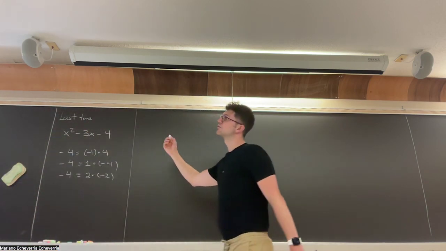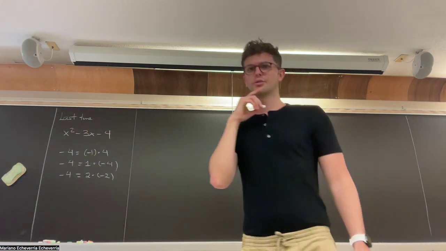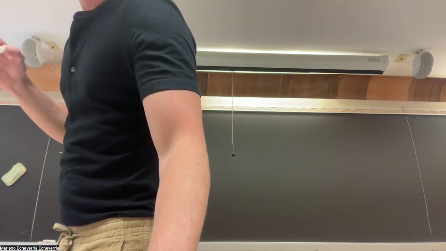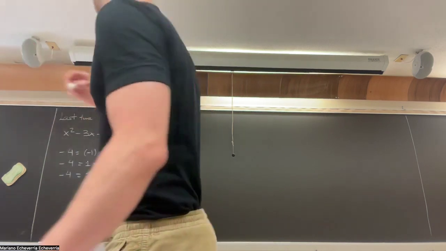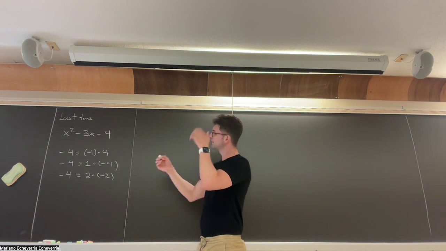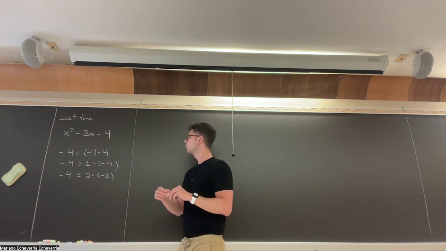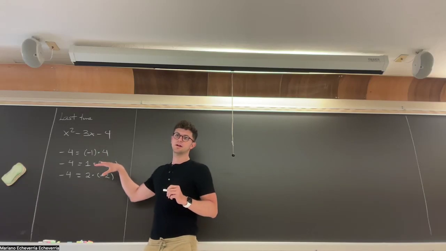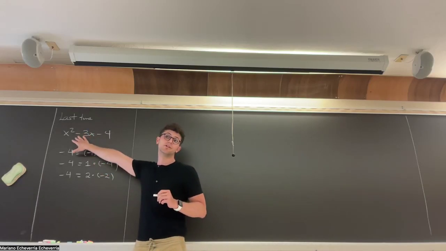Those are just a few ways in which you could break up the number -4, and then you have to check which of these options, when you add them together, gives you the number in the middle.